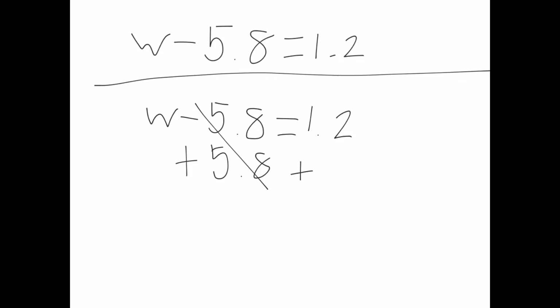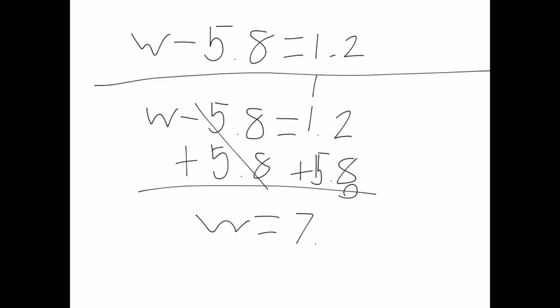And whatever I do to that side, I do to this side. So on this side, I would put plus 5.8. And then I would just add my decimals like normal. So my answer would be W equals 10.567... 7.0, also 7.